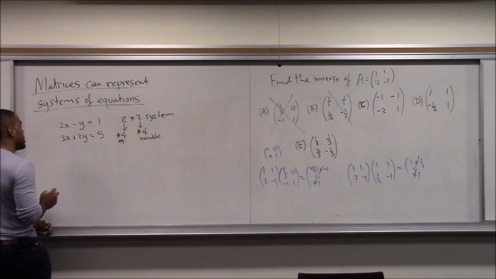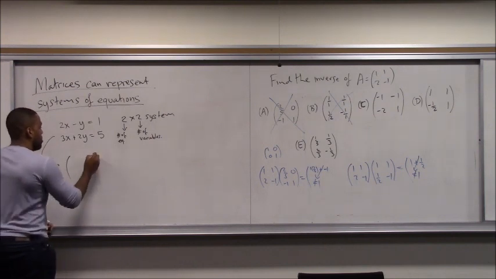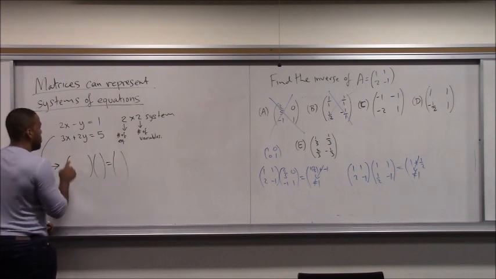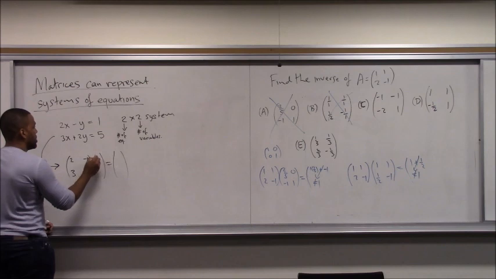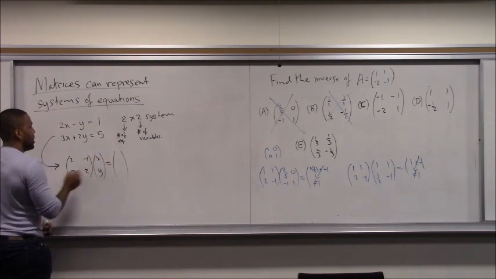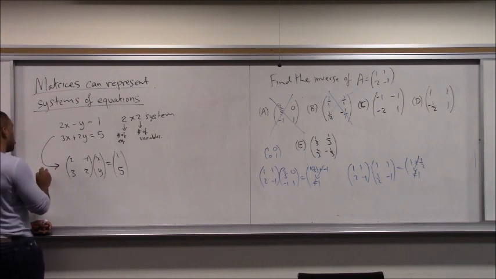We saw that we can actually represent this via matrices by having one matrix have all the coefficients in it, the other matrix having all the variables in it, and then the other matrix having all the constants on the other side in it. This was called the matrix form of the equation.